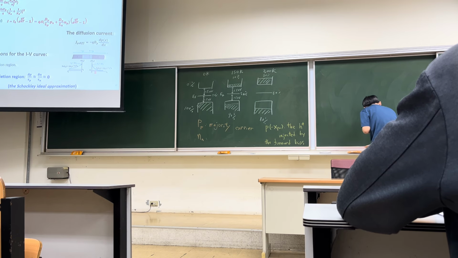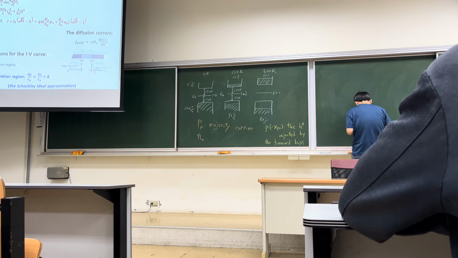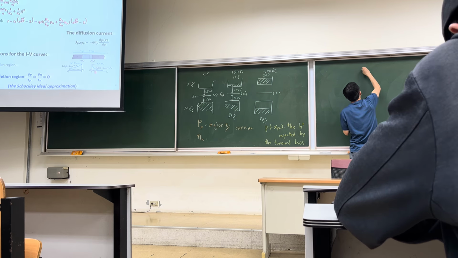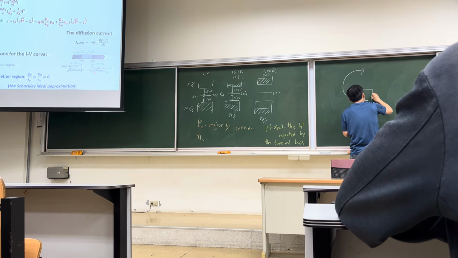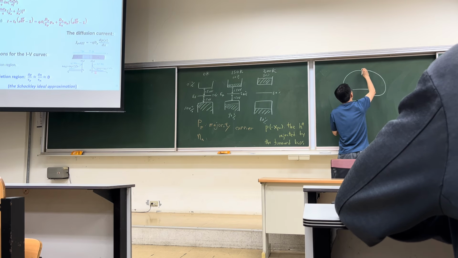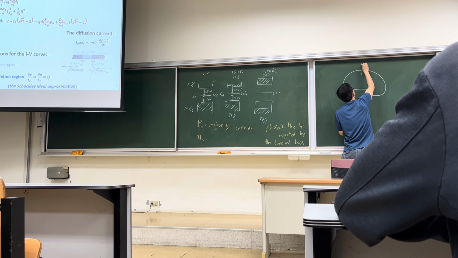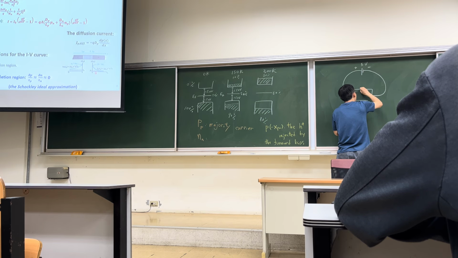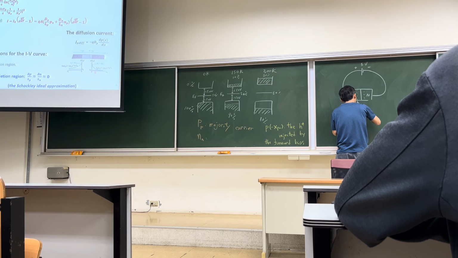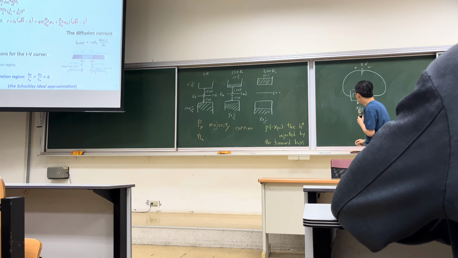So this is the equivalent circuit of a biased p-n junction. You have a battery, you have a p-n junction, right? And you have a wire. So this is the battery. For example, you have 5 volts, and this is the terminal, positive, negative. This is x equal 0.